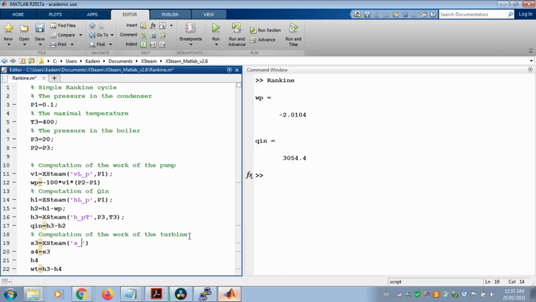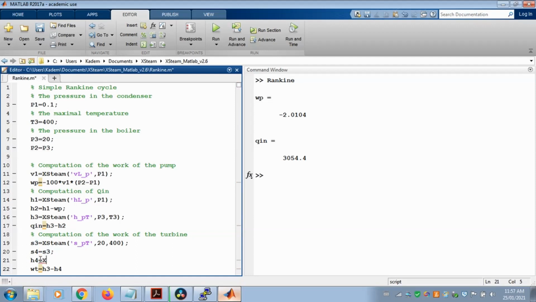And as inputs, we have pressure and temperature, our 2 megapascals and 400 degrees C. So 20 bar again and 400 degrees C. So this will give us S3. Here we are claiming that S4 is equal to S3. And then now we can get the enthalpy.